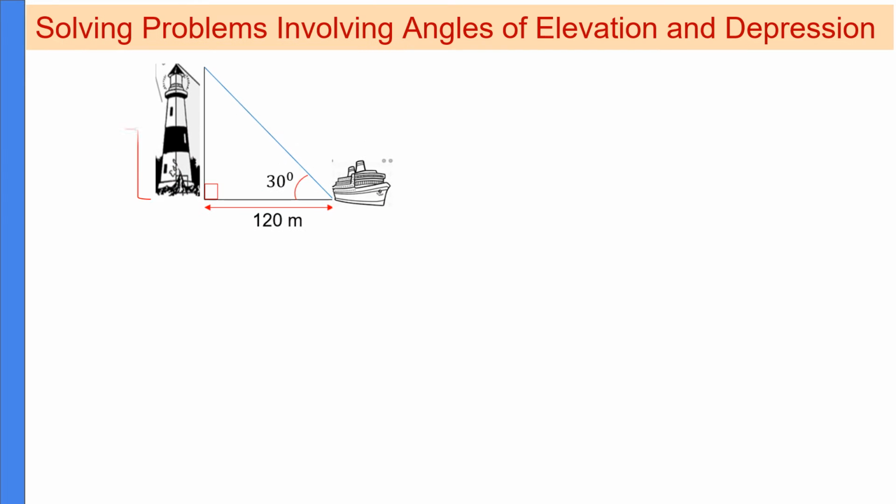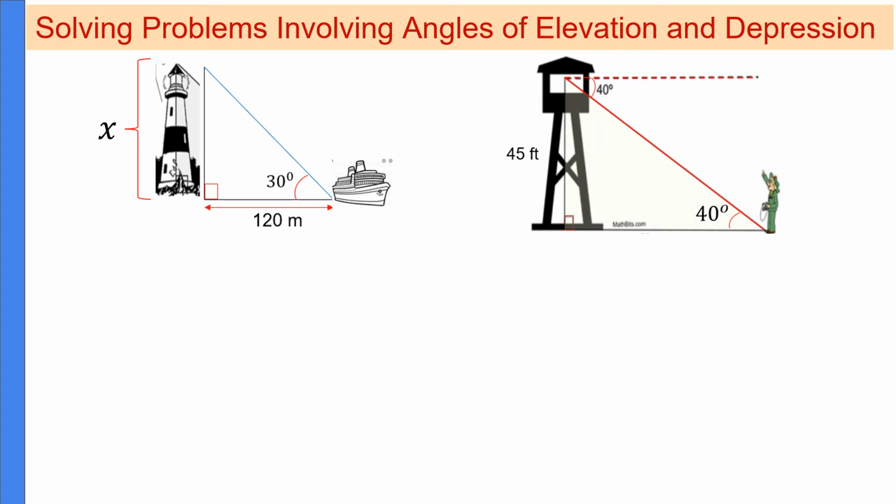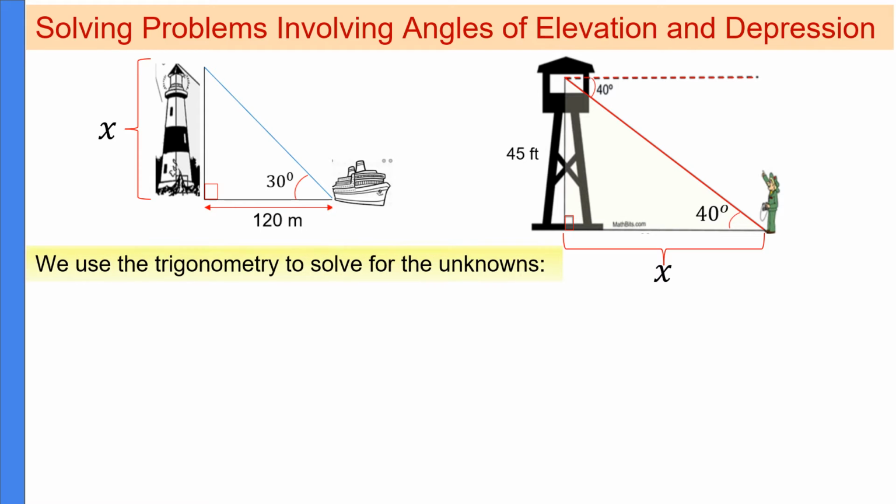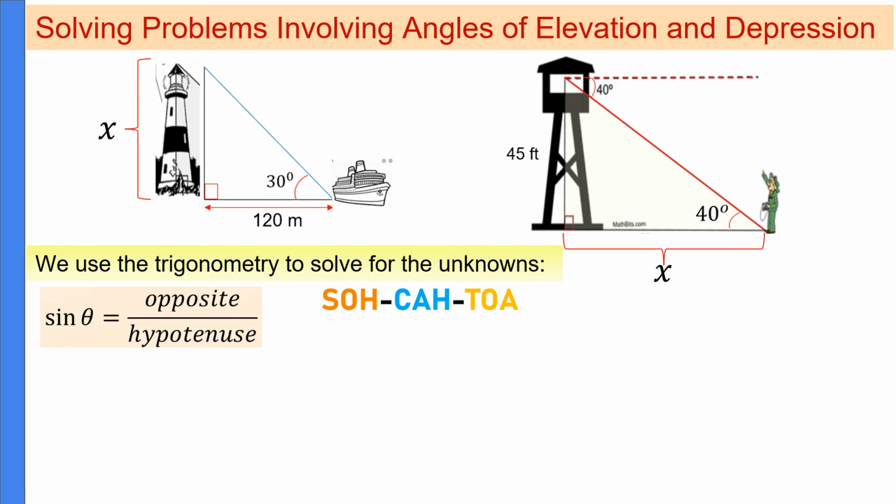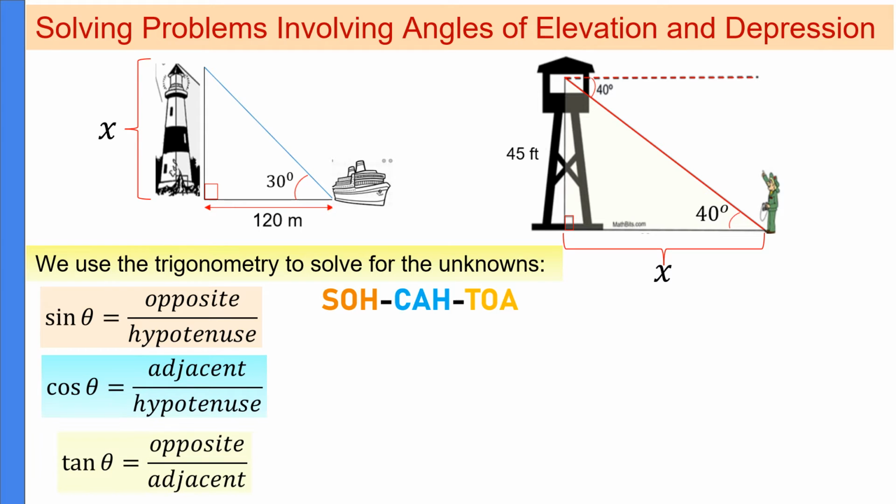Now let us solve problems involving angles of elevation and depression. So how do we solve for the unknown? To solve for the unknown, we are going to use trigonometry. So remember SOH CAH TOA. Sine theta is equal to opposite over hypotenuse, cosine theta is equal to adjacent over hypotenuse, and tangent theta is equal to opposite over adjacent.